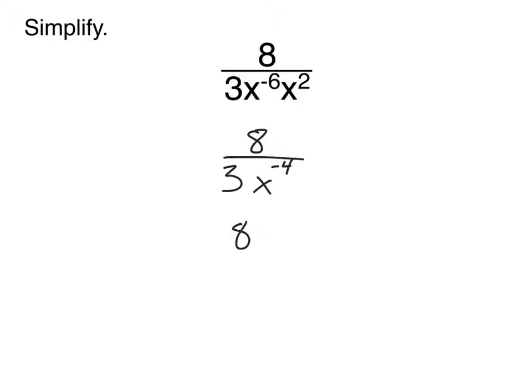So the 8 is still on top, but now the x to the 4th is also on top. When I flip it in the fraction, it becomes positive. And then that's all over the 3. And so the negative exponent, remember, flips it in the fraction. Either flips it from the top to the bottom, like in our first problem, or flips it from the bottom to the top, like it did in this problem.